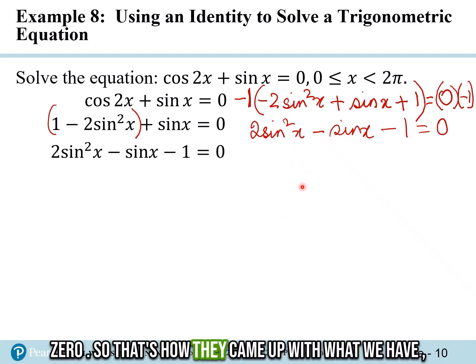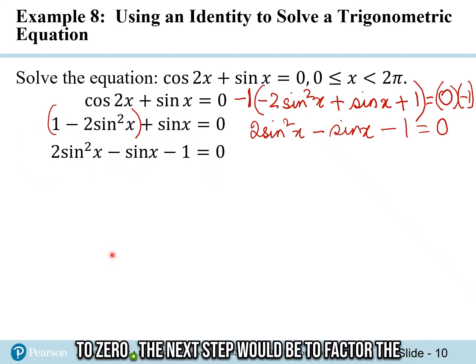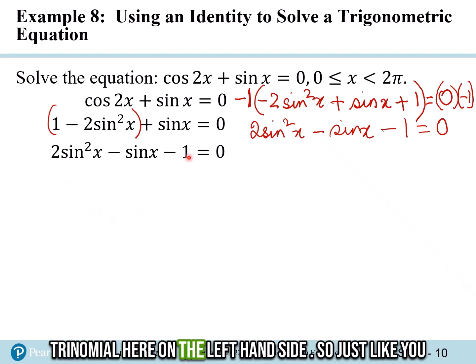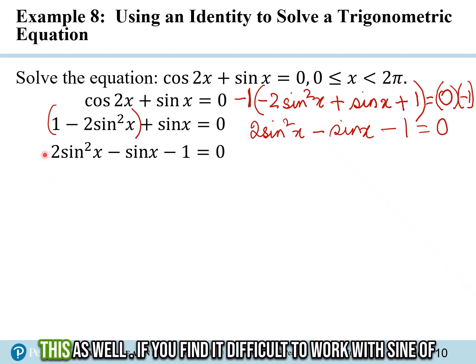So that's how they came up with what we have, 2 times sine squared x minus sine of x minus 1 equal to 0. The next step would be to factor the trinomial. You should be able to recognize we have a trinomial here on the left hand side. So just like you factor any trinomial in algebra, you'll be factoring this as well.